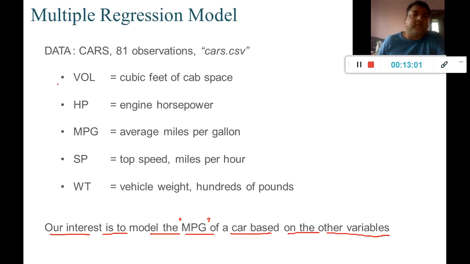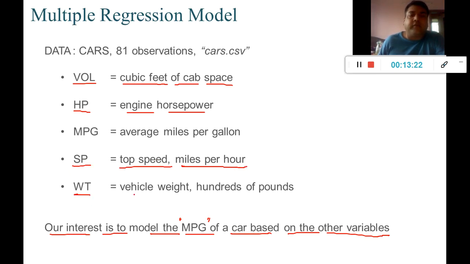Which are the other variables given to us? Volume is given to us, which is the cubic feet of cab space. Horsepower is given to us, which is engine horsepower. SP is given to us, which is the top speed. Every car has a top speed limit, so the miles per hour it can go.